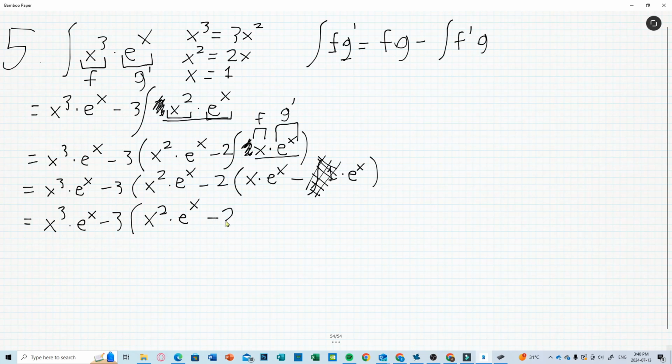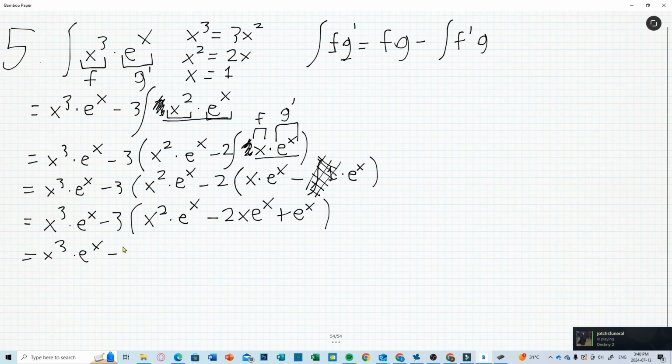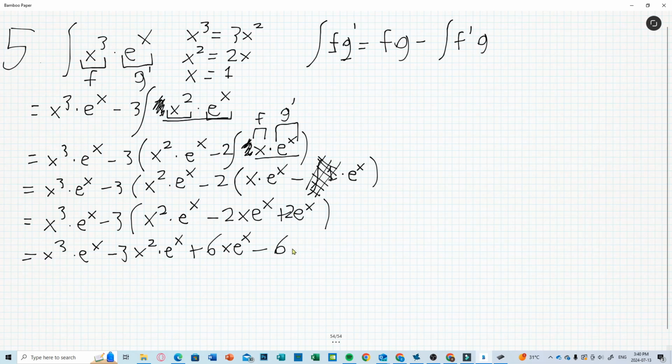So it's going to be negative 2x e to the x plus e to the x. Now we have to implement the negative 3 everywhere. We're going to make it x cubed multiplied by e to the x minus 3x squared multiplied by e to the x plus 6x e to the x minus 6. There should be a 2 here, and this will be 6 e to the x.